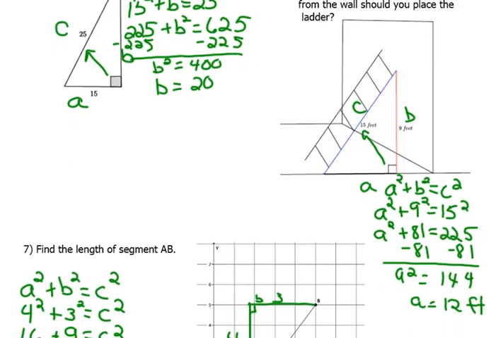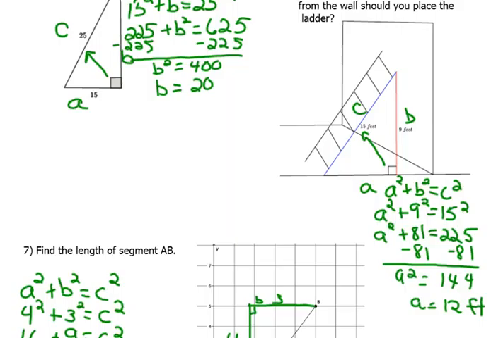In number 6, okay, the ladder is your 15 feet, that's your C. I made the height of the wall the B, and I was looking for A. So over here, when I filled them in, and then I had to get A squared by itself, so you'll see I subtracted 81 from both sides. And 144 is a perfect square, and it's 12. Notice because it gave me a label, I had to make sure I included a label in my answer.